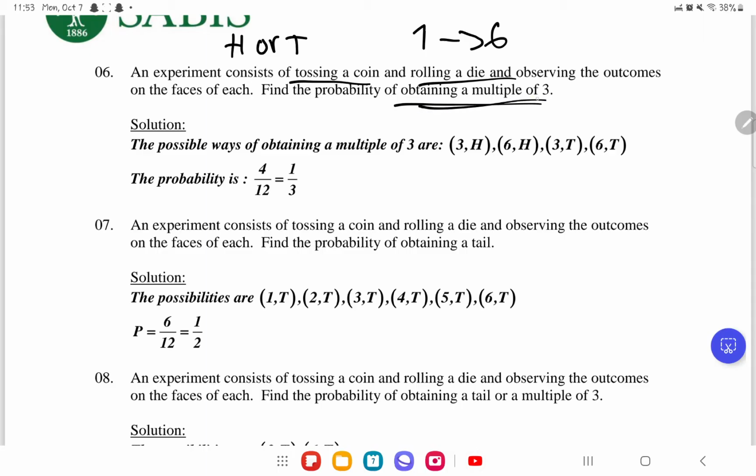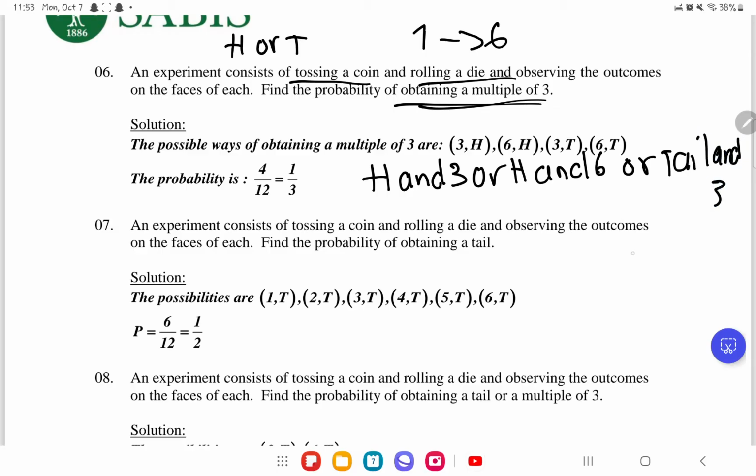So for the probability of obtaining a multiple of 3, you can either get head and 3, or head and 6, or tail and 3, or tail and 6.